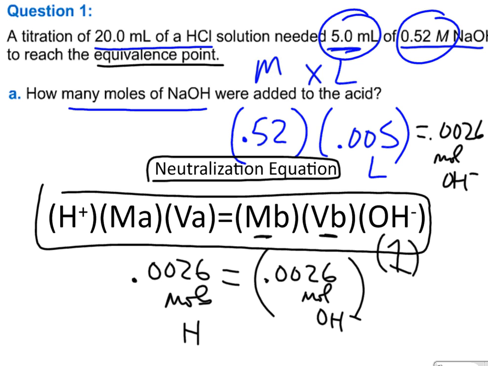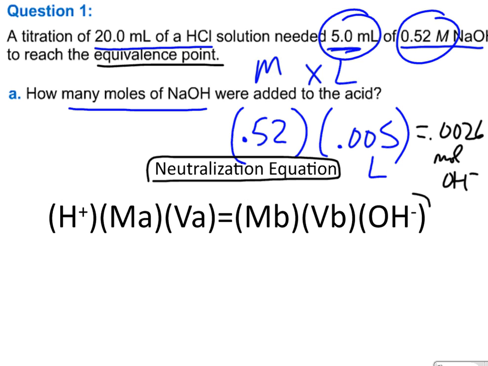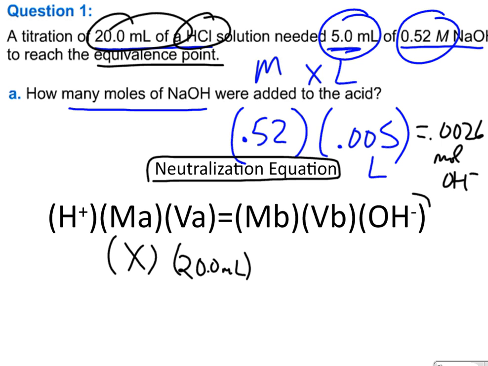Now, that's not exactly how you did the calculation last year. What you typically did is look up here, and take the 20 milliliters of HCl, the volume of the acid, 20.0 mL goes there. You're solving for X, the molarity of the acid. Since it's HCl, there's only one H, so that's going to get a 1 there, equals the molarity of the base, 0.52 molar, and then the volume of the base is 5.0 milliliters. No need to change it because I'm trying to solve.